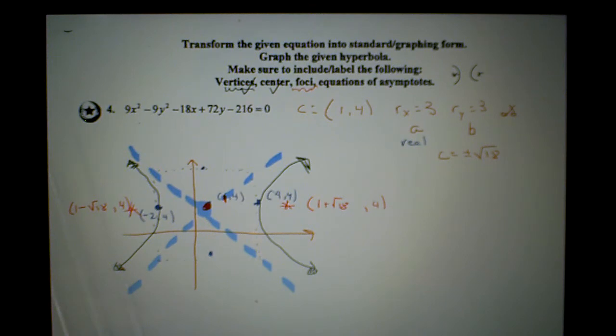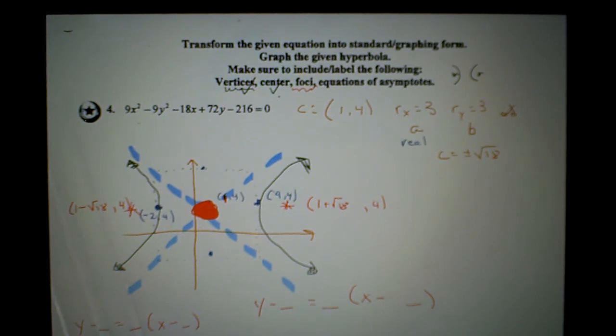And then, hello Algebra 1, the equation of any line in our best friend point slope form is simply y minus the y coordinate of a point that it passes through is equal to the slope, parentheses x minus the x coordinate. Well, hello, what point do both of those slant asymptotes go through?